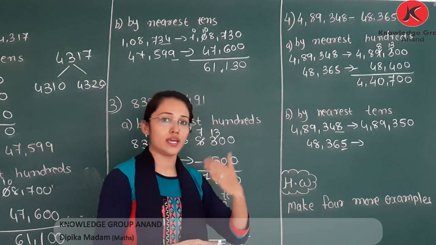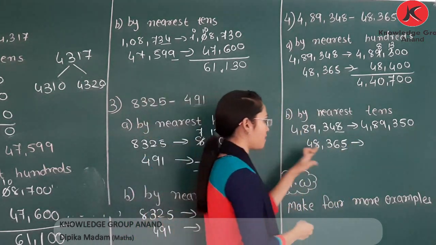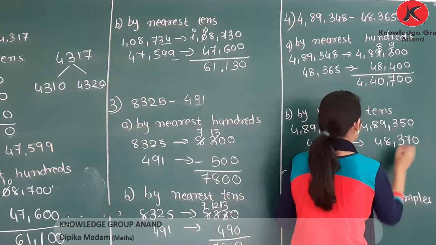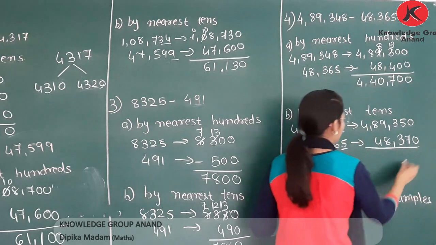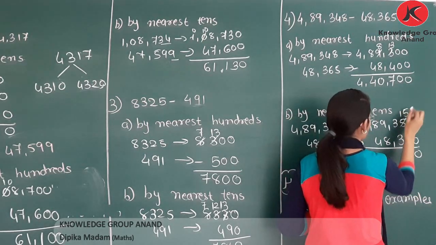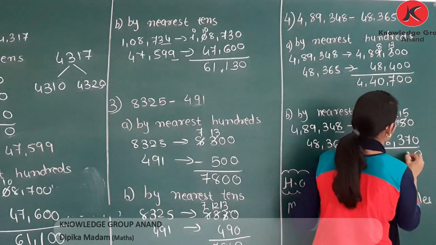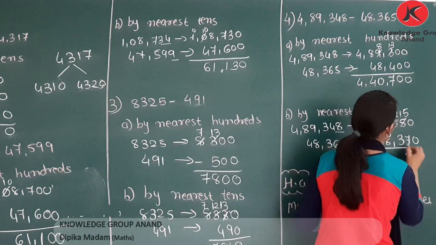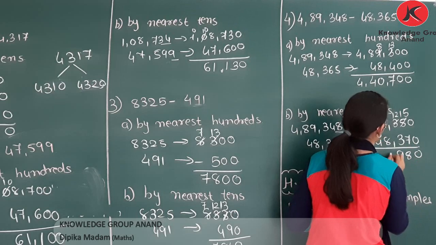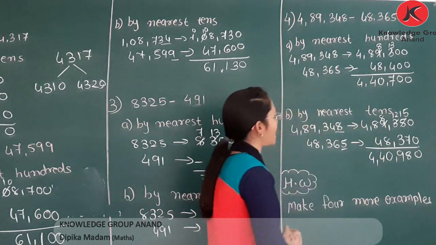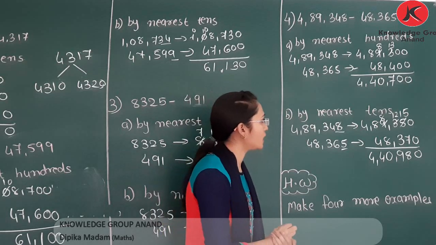It is between 60 and 70, but nearby 70. So 48,370. Now again perform the subtraction. So the estimated value is 4,40,980.